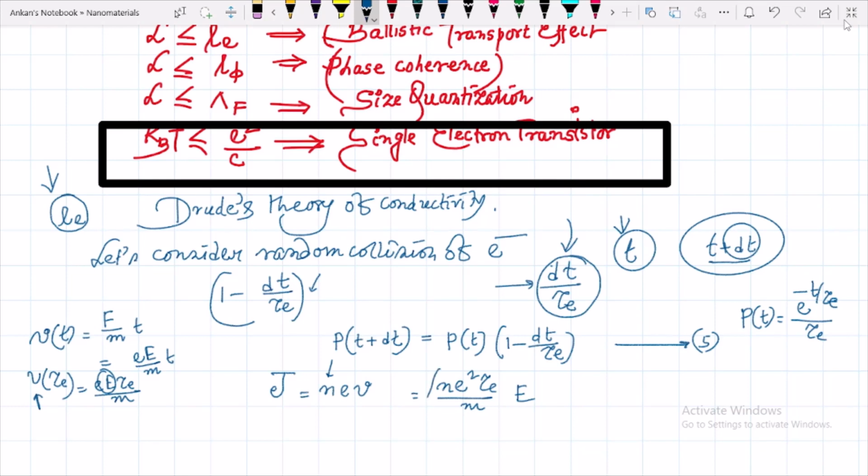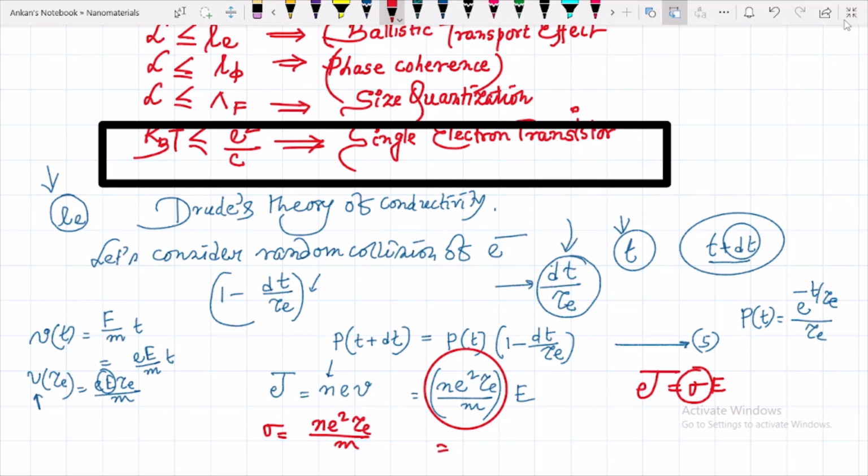Why am I separating this term from E? Because you know from the differential form of Ohm's law, J is equal to sigma E. So by comparing these two relations, we can say sigma will be equal to n e squared tau e upon m. Now, what is the value of tau e?